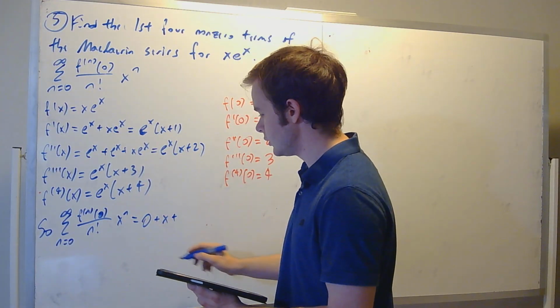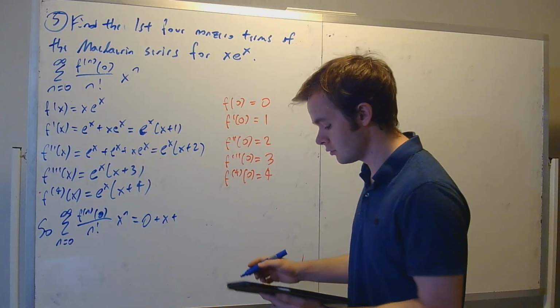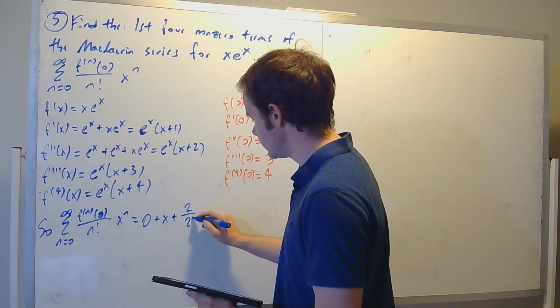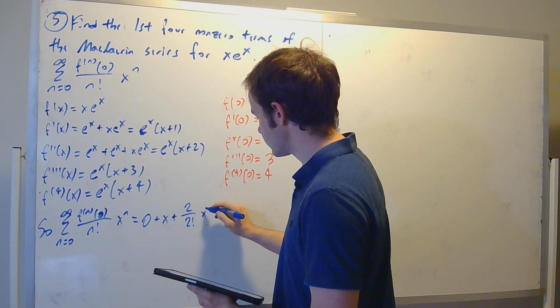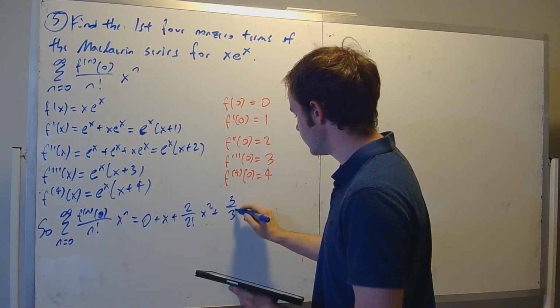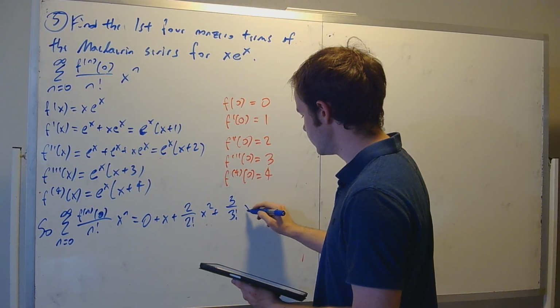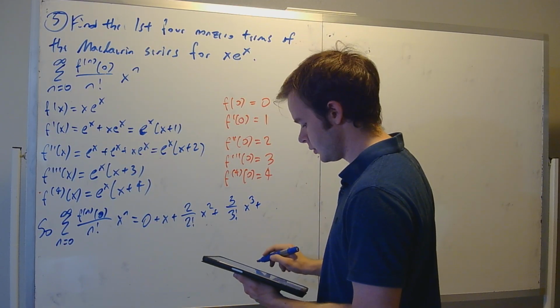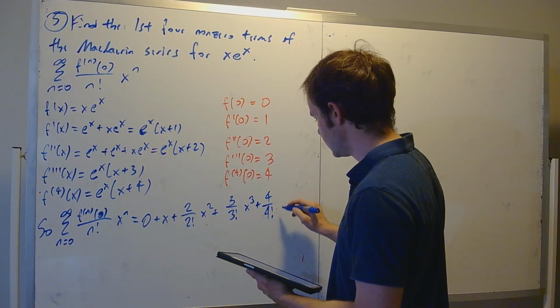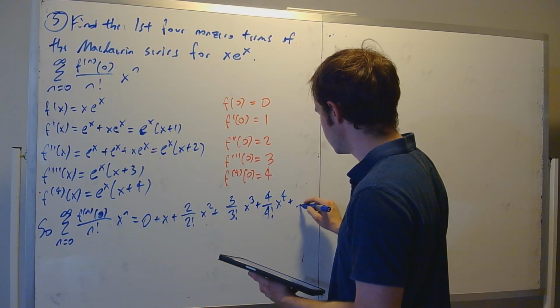Plus if we plug in n equals 2, so just check all of these, you're going to get 2 over 2 factorial times x squared. If you plug in n equals 3, you're getting 3 over 3 factorial times x cubed. If you plug in n equals 4, you have 4 over 4 factorial times x to the 4th, and so on.